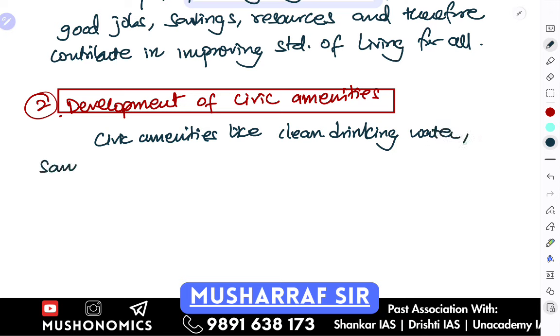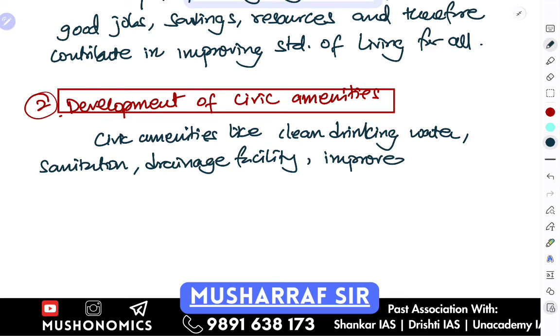sanitation, drainage facility, improved housing facility, better public transportation. These are civic amenities, right?